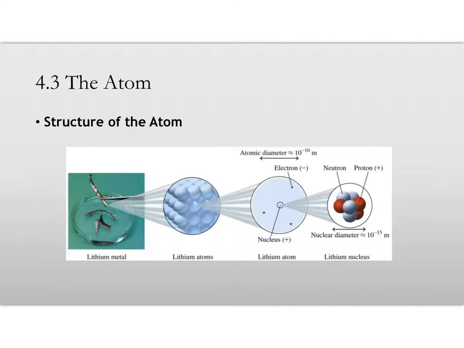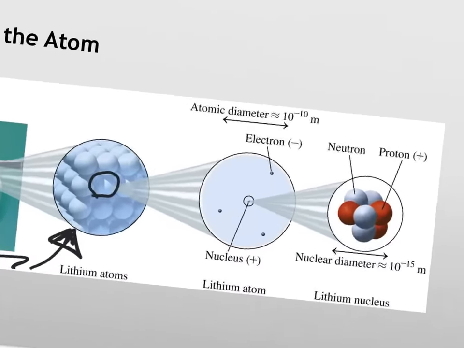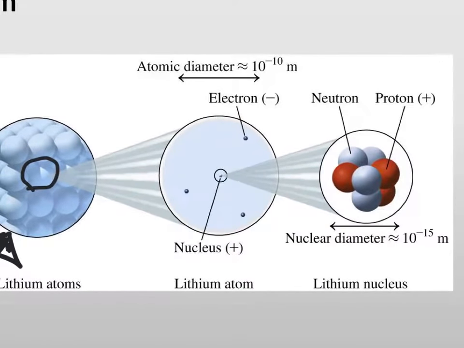This picture here shows the scale of the atom and its nucleus and everything inside. So they take a chunk of lithium metal and you zoom into it and you see the individual atoms, which are spheres. And then zooming in even further to individual atoms, it says the atomic diameter is 10 to the negative 10th meters approximately, and that is equal to what chemists call 1 angstrom.